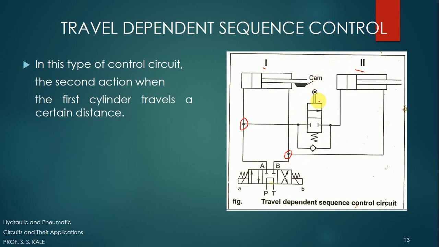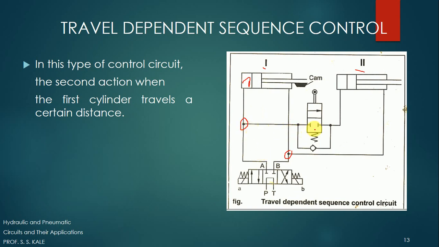This direction control valve is also connected to the check valve and is operated by the cam. This cam is provided on the rod end of cylinder number 1. Now let us see how it operates. When I supply pump fluid, the fluid goes in this direction.